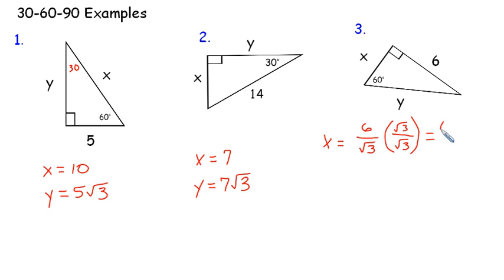So I get 6 on the square root of 3 in the numerator, and square root of 3 times square root of 3 is 3 in the denominator. And this will further reduce. I can reduce this because there's a common factor of 3. So my final answer for x would be 2 on the square root of 3.